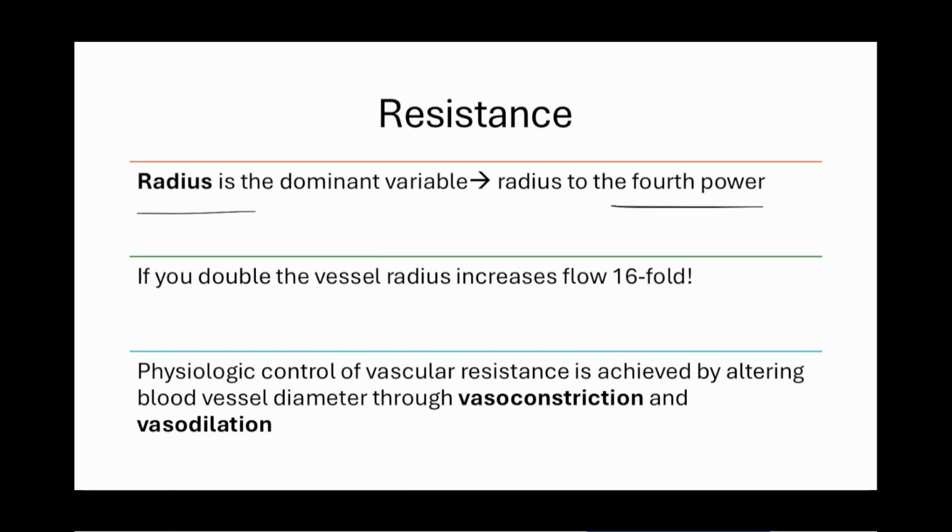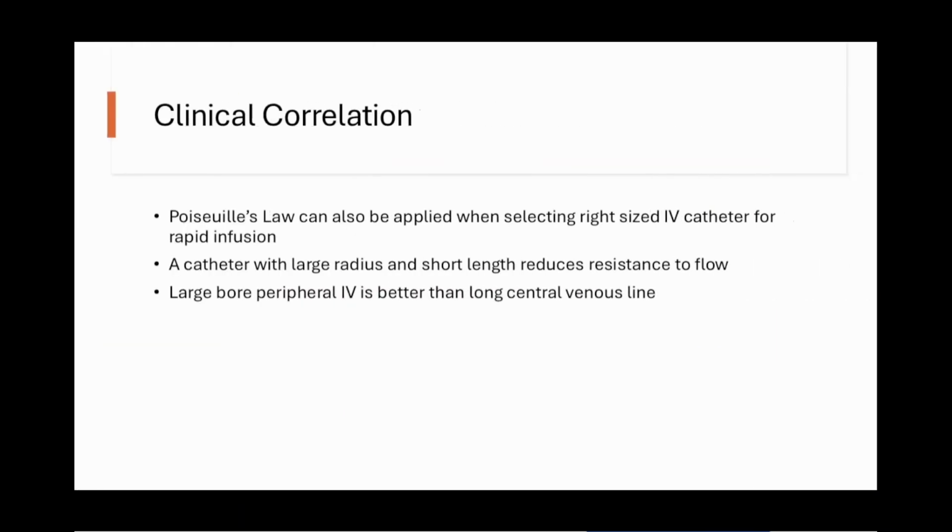If you double the vessel radius, you increase flow 16-fold. So big, big changes in flow. And we control this through vasoconstriction and vasodilation to alter your flow through the system and change your pressures.